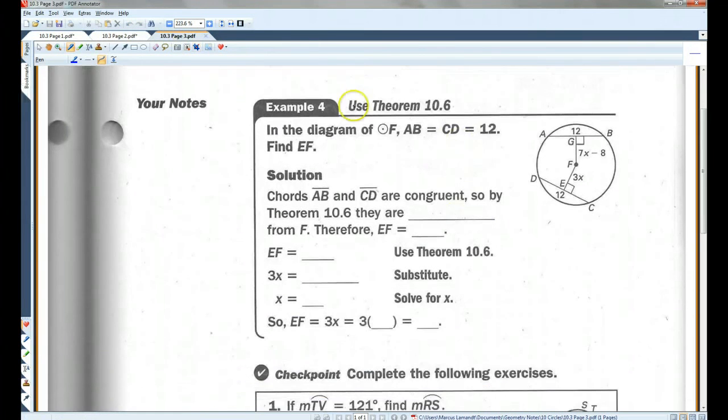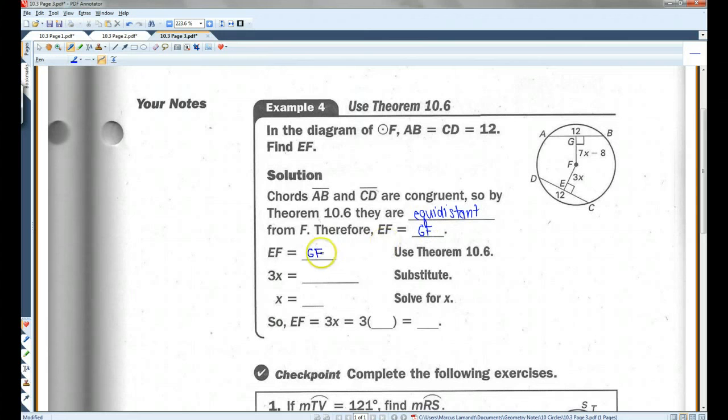Okay, let's go on to page 3. In the diagram of circle F, AB equals CD equals 12, and that's labeled. Find EF. Okay, chords AB and CD are congruent, so by theorem 10.6, they are equidistant from F. Therefore, EF equals GF.